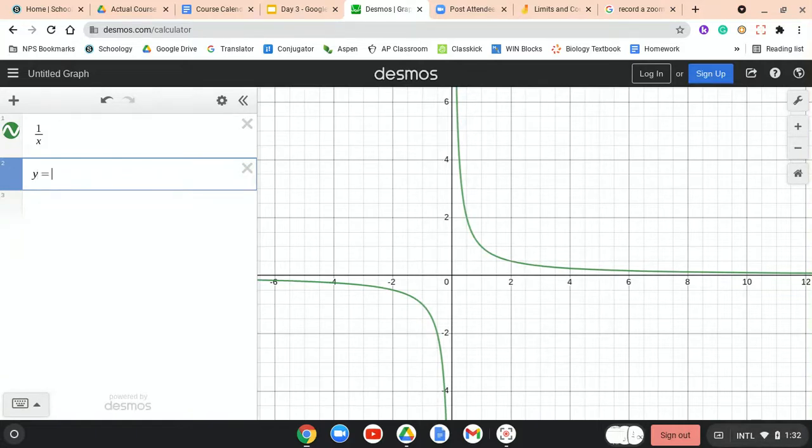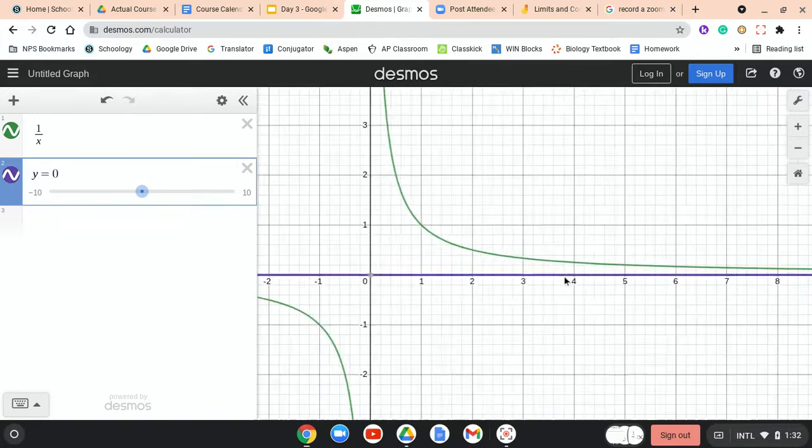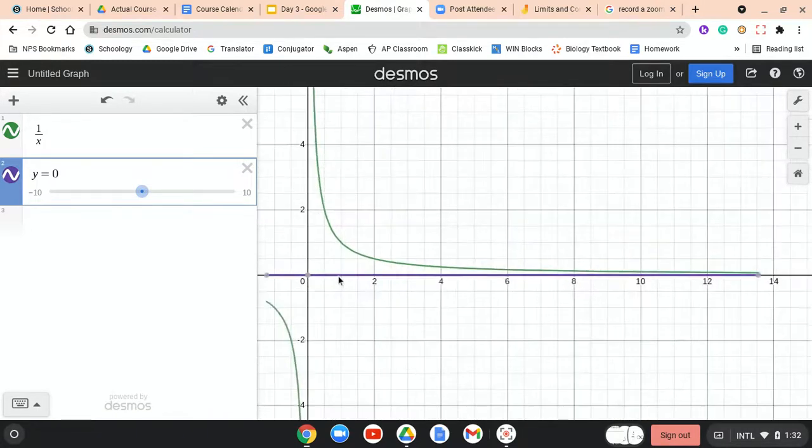I'll draw a line here, y equals 0. If our function as x gets large approaches 0, then by definition, the line y equals 0 has to be a horizontal asymptote, because by definition, an asymptote is a line that the graph approaches, and the graph approaches 0. So the graph will also approach the line y equals 0.